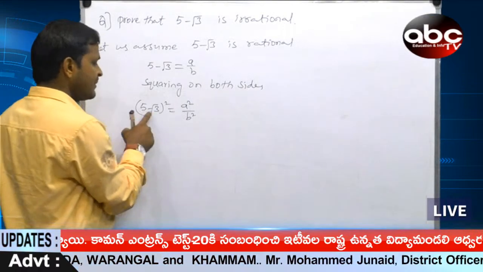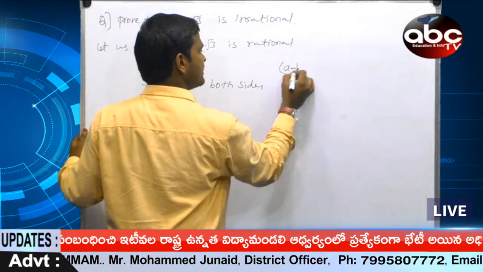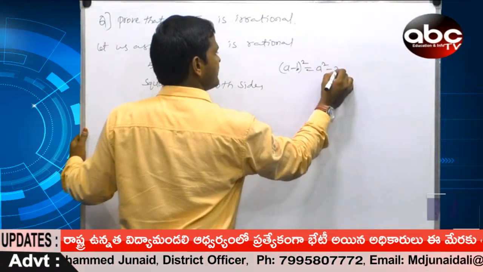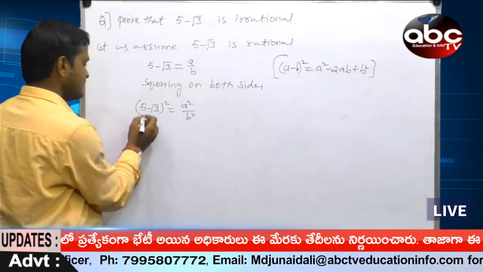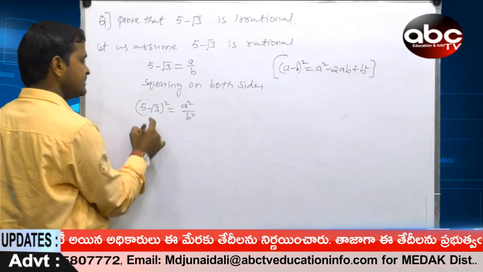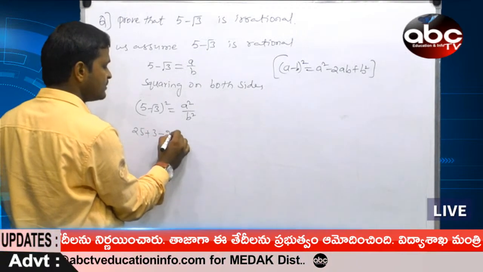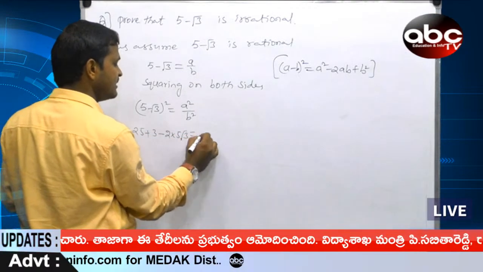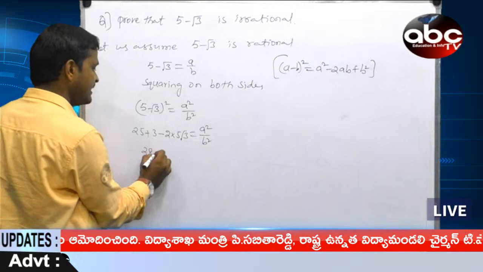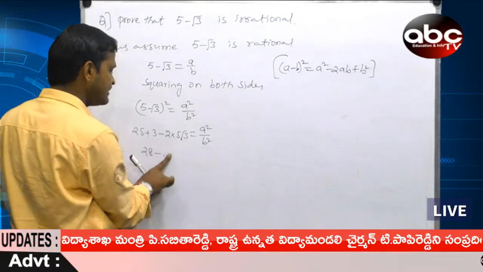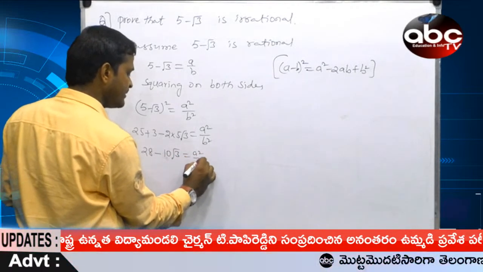Then the (a minus b) whole square identity. Already you know, students, the (a minus b) whole square identity, that is a square minus 2ab plus b square. 5 square, 25, plus root 3 square gets 3, minus 2 into 5 into root 3 is equal to a square by b square. 25 plus 3, 28, minus 2 fives are 10 root 3 is equal to a square by b square.